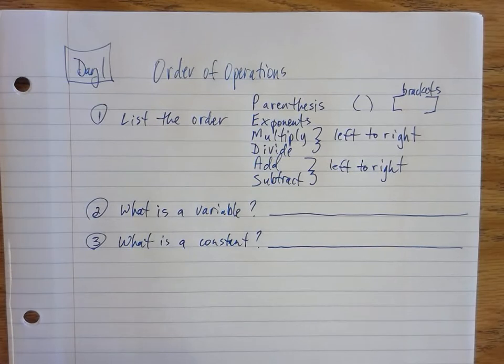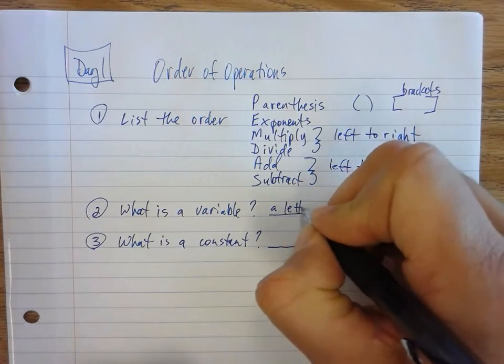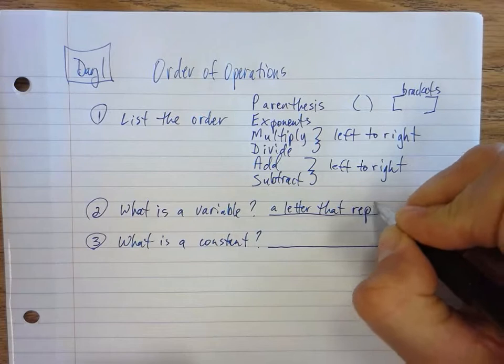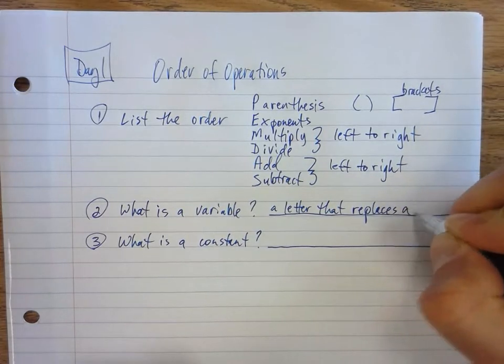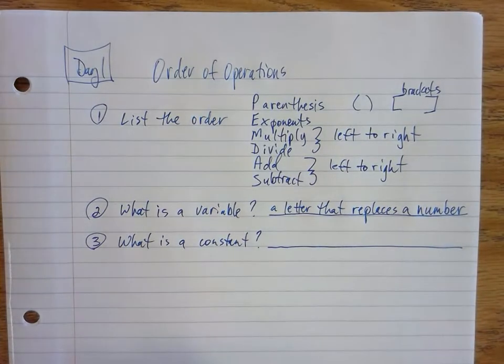Well, a variable is something that takes the place of a number. Usually for us in here we're going to be using letters. So I'm going to write a letter that replaces a number.